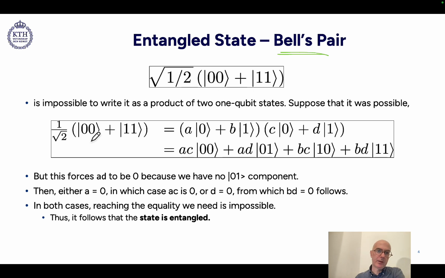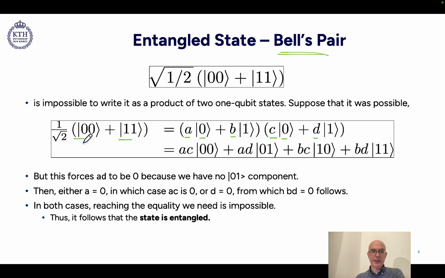If this state can be written as a tensor product of two quantum states, then there must exist a, b, c, and d such that a state 0 plus b state 1 is multiplied by c state 0 plus d state 1. If we perform this multiplication, we find the following.